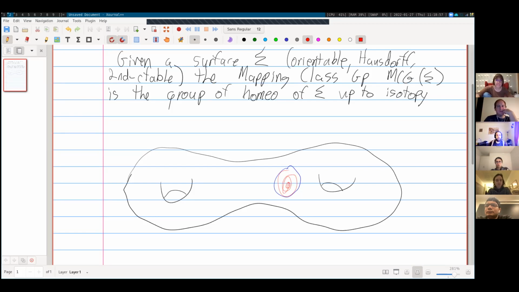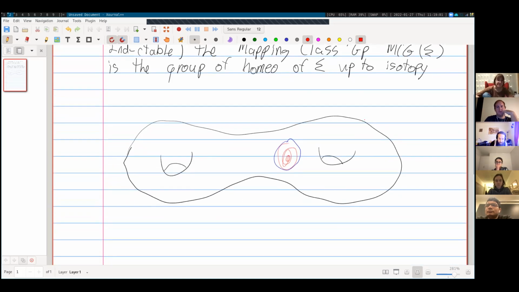The kind of homeomorphism that we are interested in might be one like this. Take a simple closed curve, cut around it, and then take those two pieces and twist one of them 360 degrees and glue it back on.